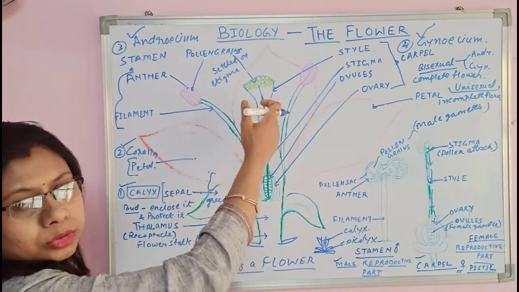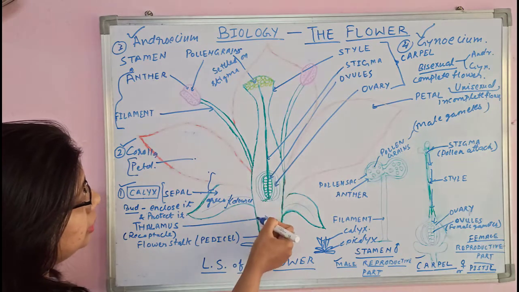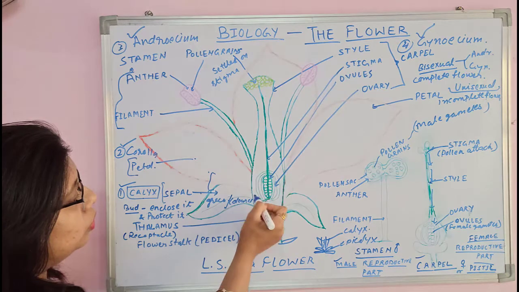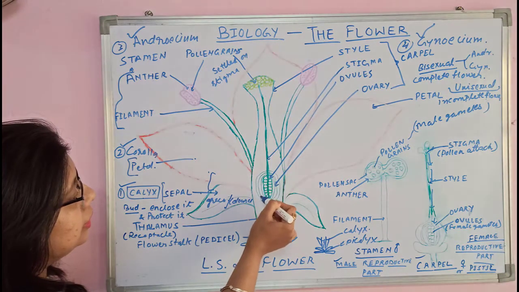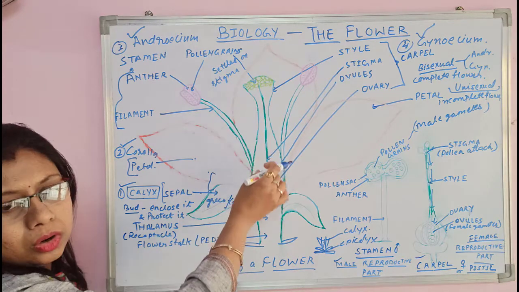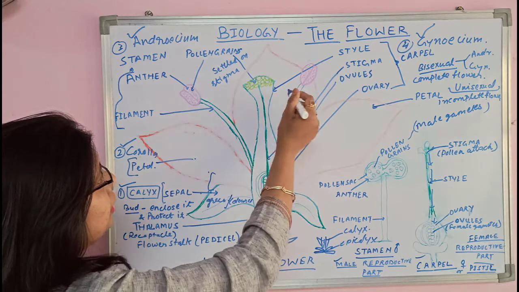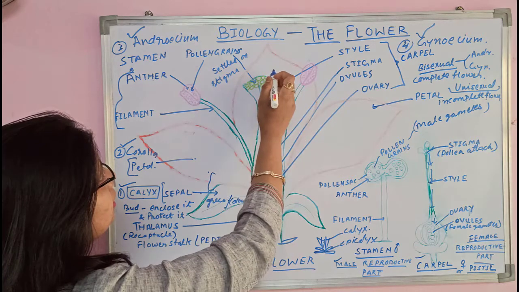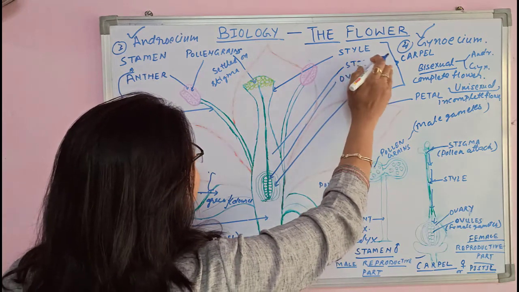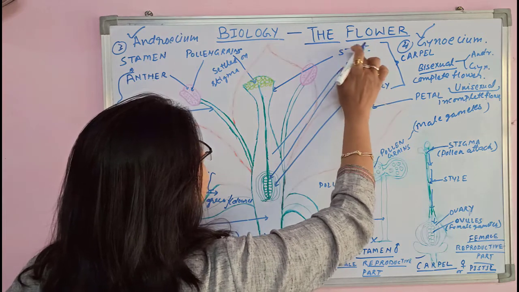After that, the innermost one is gynoecium. It is attached to the receptacle here and has a swollen portion which is called the ovary. The ovary contains ovules, and it has a long, slender stalk. This is called the style, and on it is the stigma.